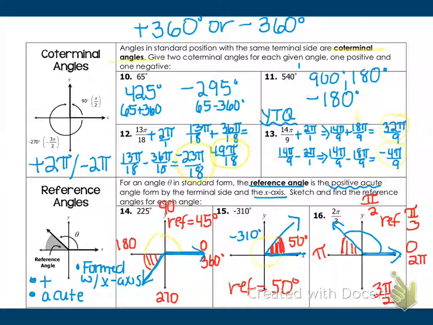So if instead I had done that in degrees, I could have switched 2/3 pi into degrees, which is 120 degrees. I could have said this is 120, and then found that the reference angle would be 60 degrees, because I'd have 60 degrees more to get to 180.